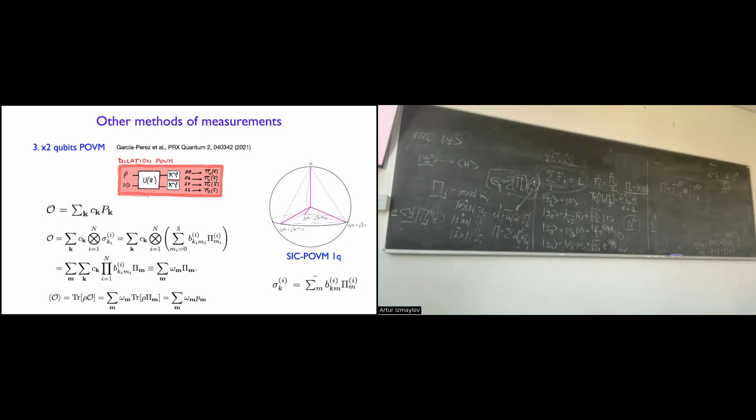Right, but if you want to find information about all the Paulis, then essentially what's going to happen is there are these omegas that you multiply by what you get.